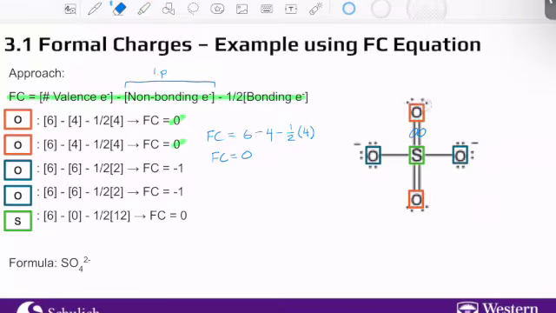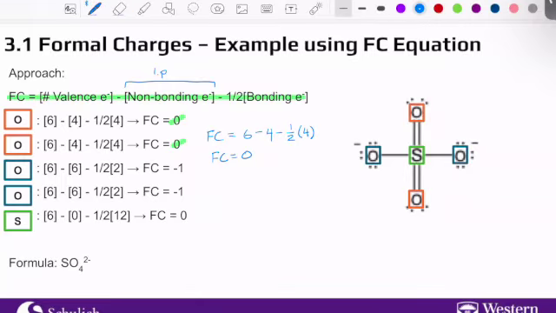In terms of our oxygens labeled blue, we already see just based on this picture that there are negative charges associated with these. However, if we weren't actually given this, we could calculate it using the same approach with the equation.